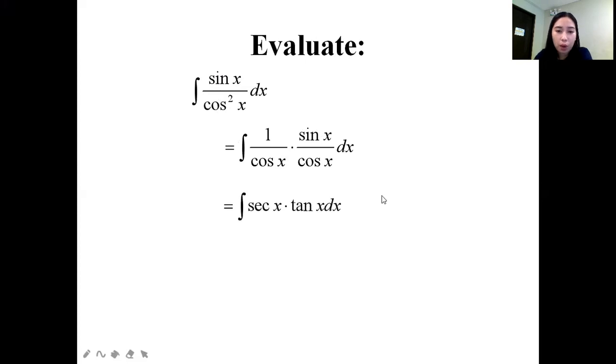So where sin x over cos x is tan x and 1 over cos x is secant x. So gamiton nato siya sa formula nato kaganina, ang integral of secant x tan x dx, which is secant x.